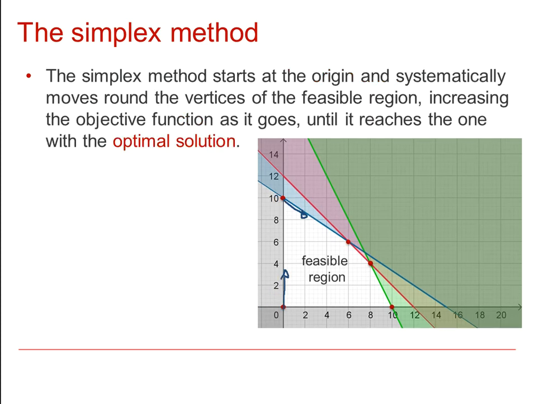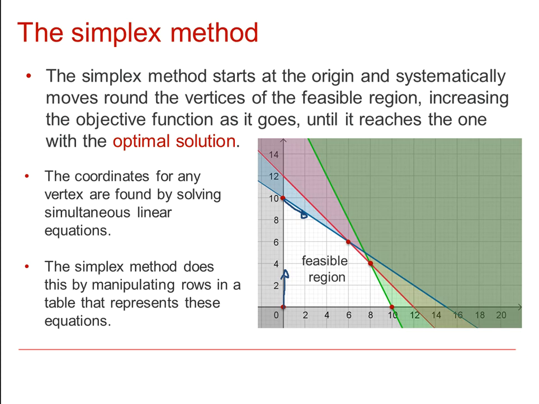The way that the simplex method works is that the coordinates are found by solving simultaneous equations, and we do this with what's called a simplex tableau. It's a way of representing the equations in a table, and then using operations on that table, solving the equations until we find the optimal solution.